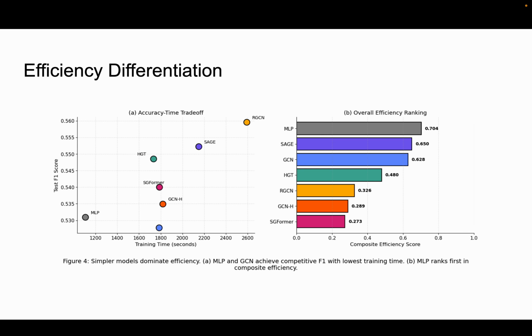We propose that a holistic metric to evaluate models is needed, and we call this metric overall efficiency ranking. This is a composite metric and is the normalized aggregation of F1, training time, memory consumption, and throughput. It seeks to frame classification performance in terms of resource costs.